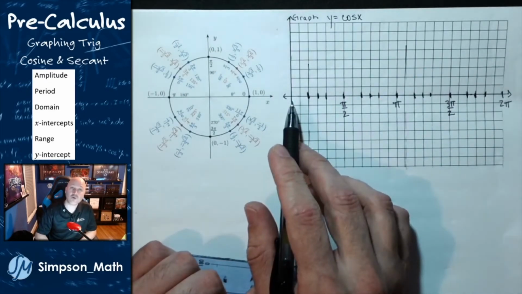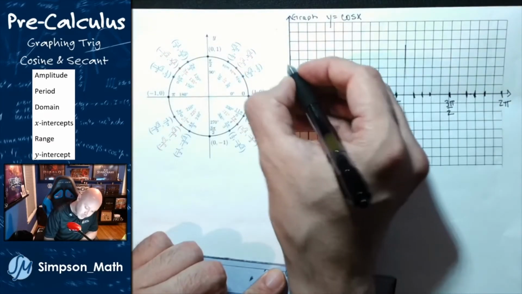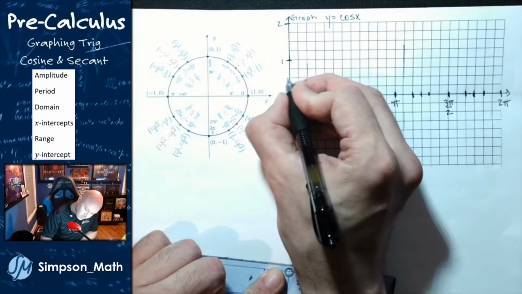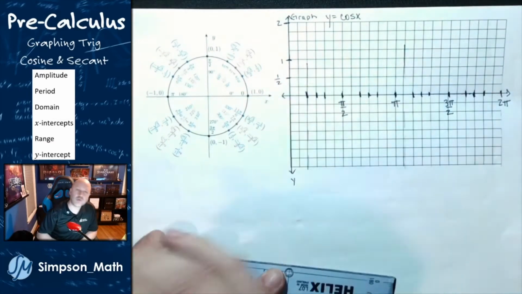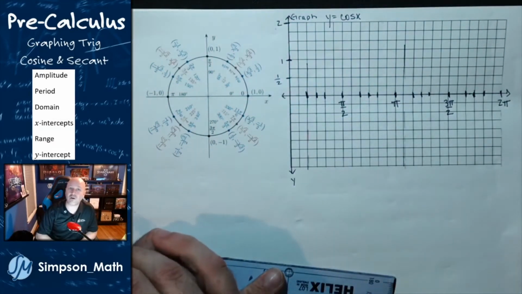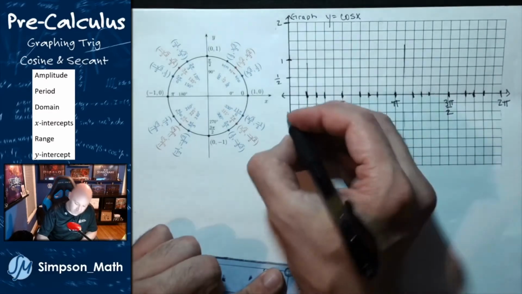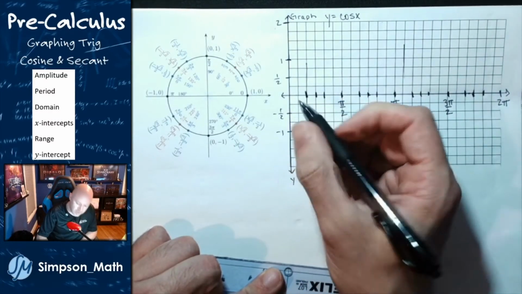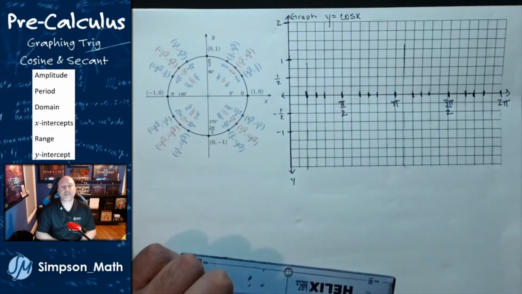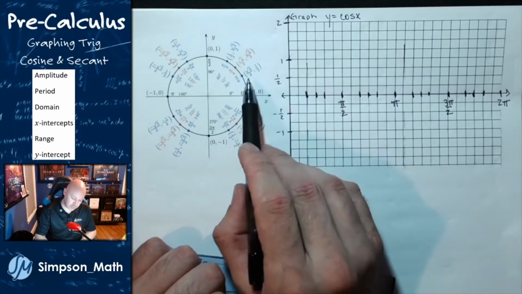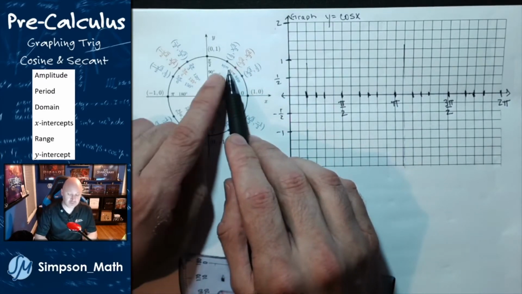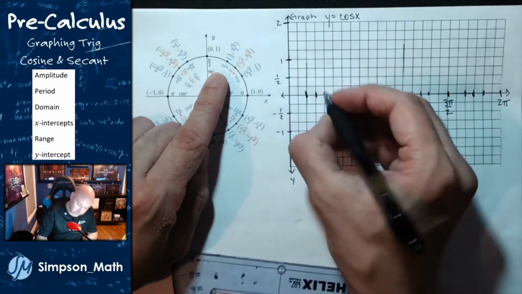I'm going to let 4 squares equal 1 unit on the y-axis. I know 1/2 and 1 are great cosine values, so I'm going to label negative 1/2, negative 1, 1/2, and 1. Now, cosine is pretty on the thirds, so I'm going to for sure label those thirds.